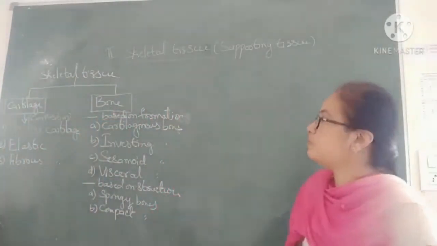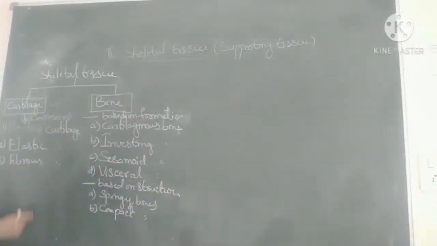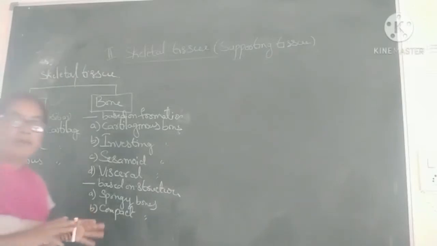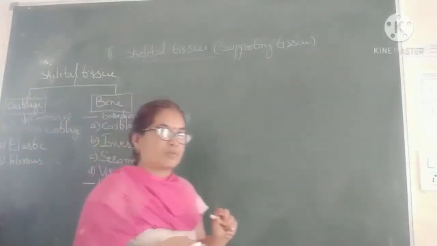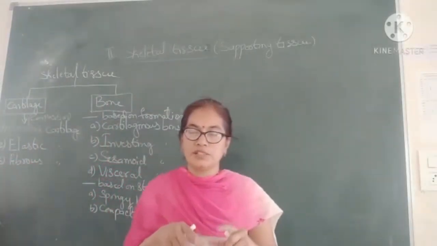First, cartilage. What is cartilage? It is solid but semi-flexible, meaning it is not very rigid.